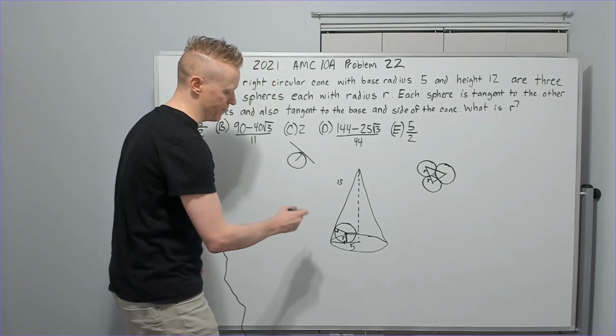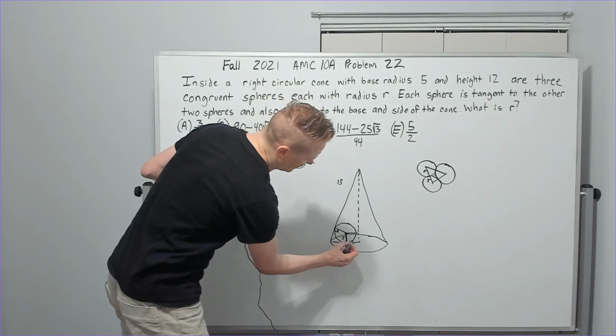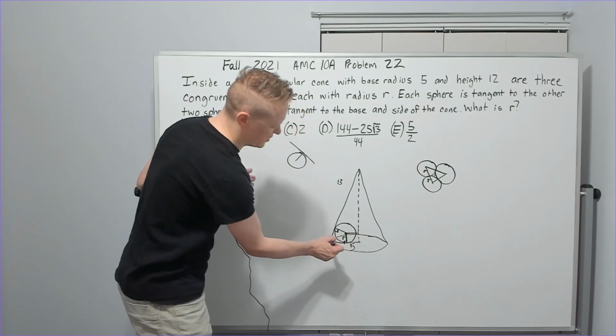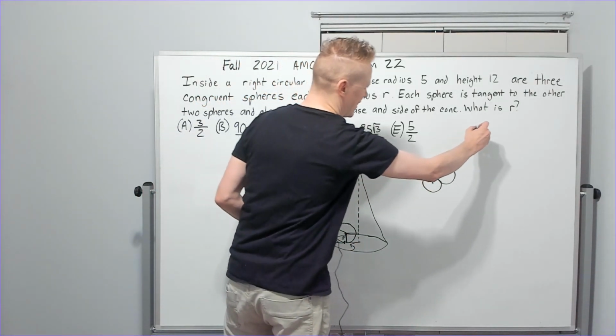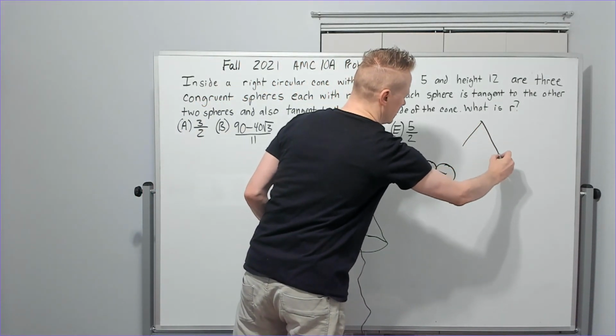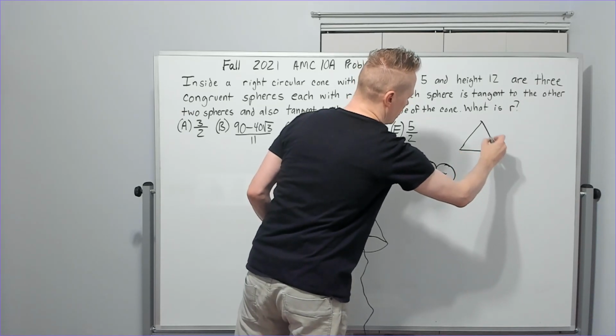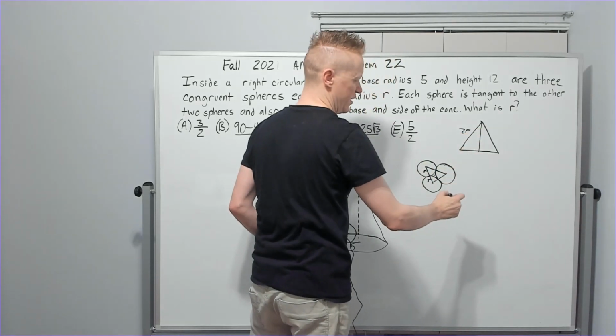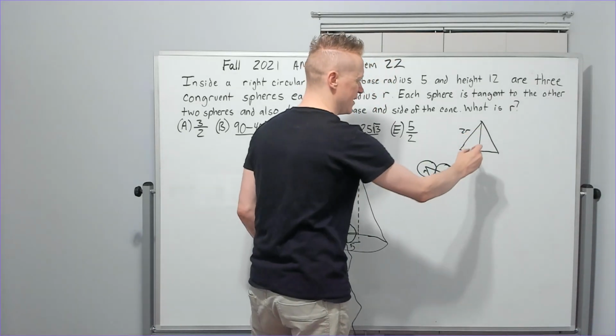Okay, so what's going to go on here though? What's this distance from the center to there? That's the distance in an equilateral triangle from your vertex to the centroid. So if I call this 2r, then this is r, 30, 60, 90.